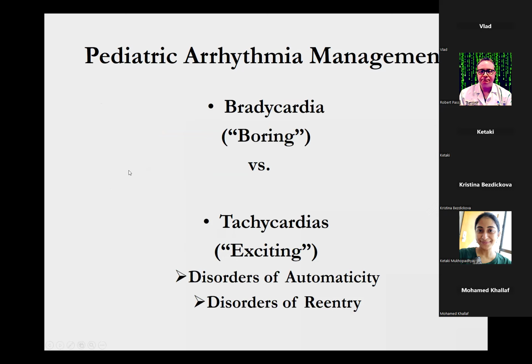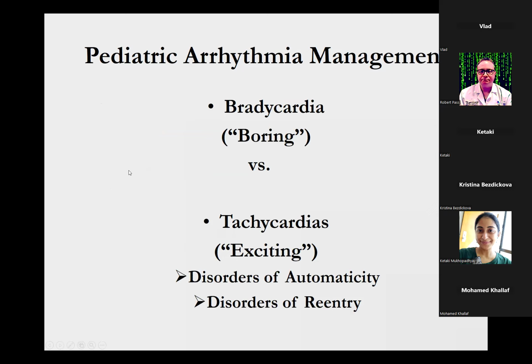So let's just quickly review the normal conduction system. We start up at the sinus node, which is at the junction of the SVC and the high right atrium. The electrical impulse passes across the atrium through multiple little bundles, finally reaching the AV node. The AV node divides into the bundle of His, and then the bundle of His further divides into the right and left bundles.